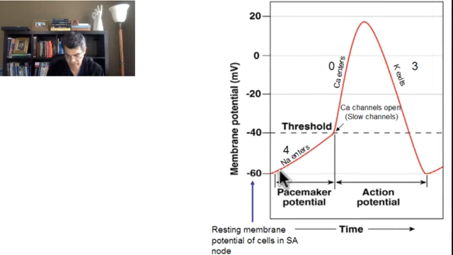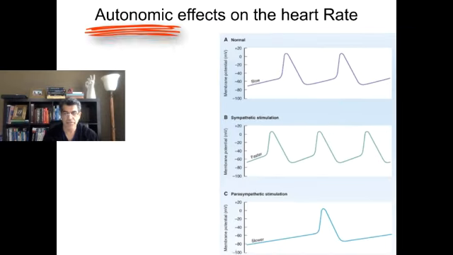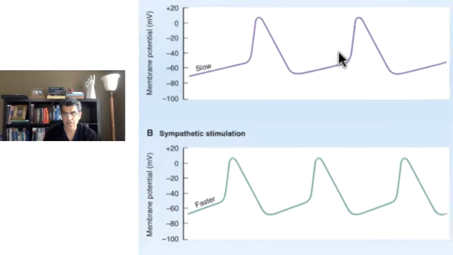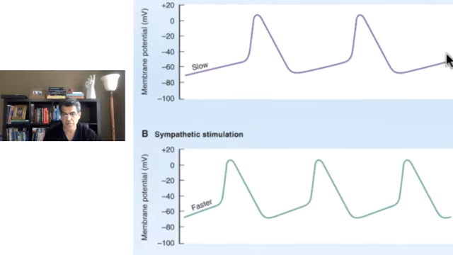Now let's take a look at the effect of sympathetic and parasympathetic on the SA node, on the heart rate. This is the normal action potential in the pacemaker of the heart. Stage 4, stage 0, stage 3, stage 4, stage 0, stage 3, and so on. If you bring sympathetic to the SA node, sympathetic is going to open these funny channels faster.